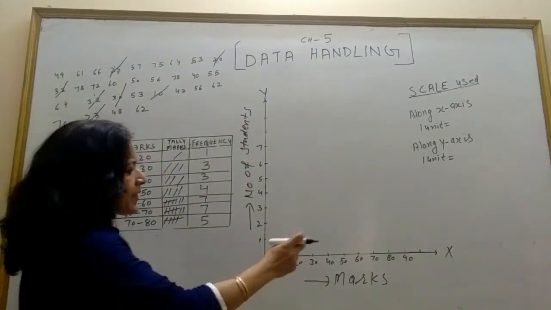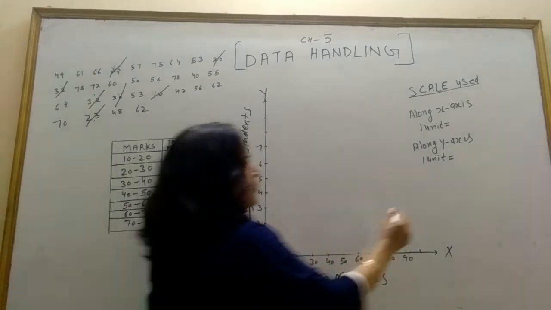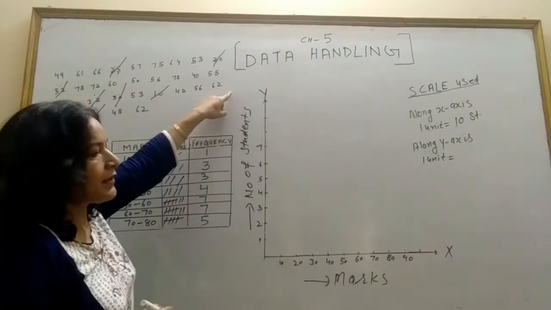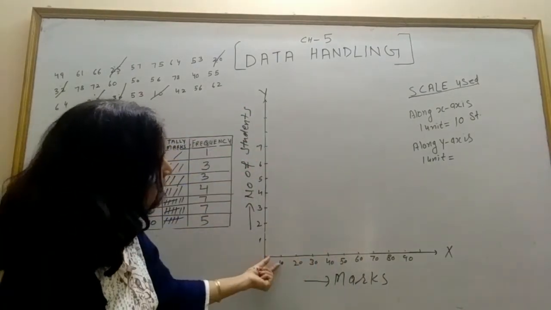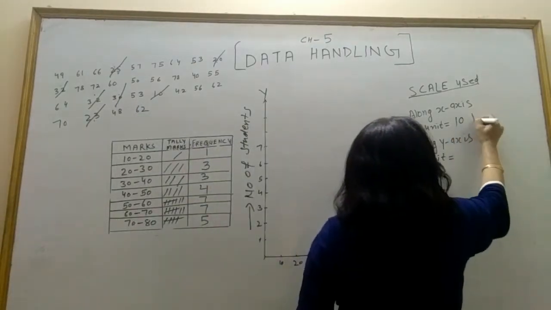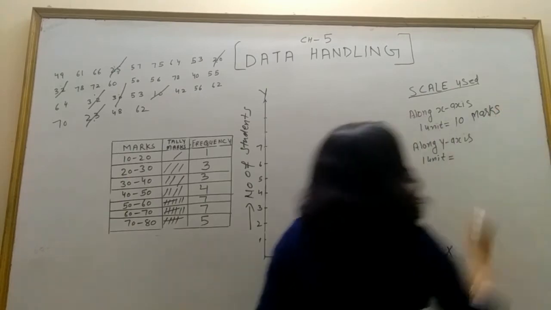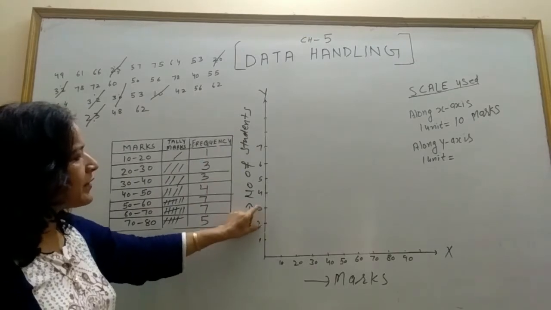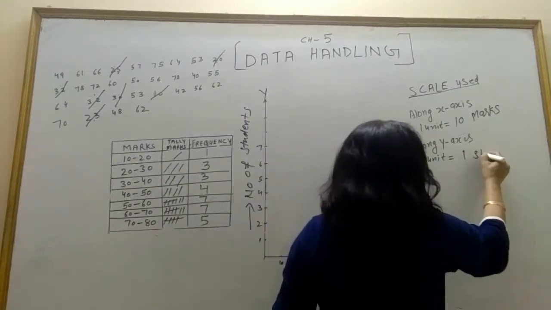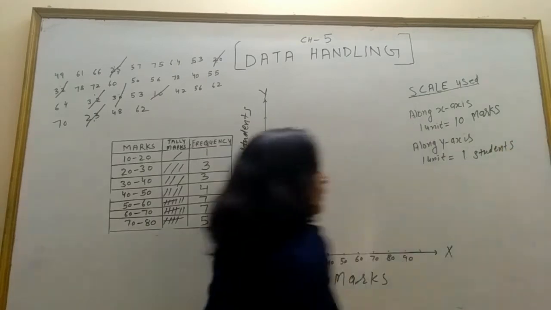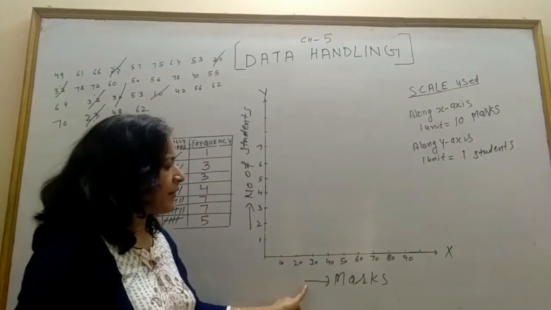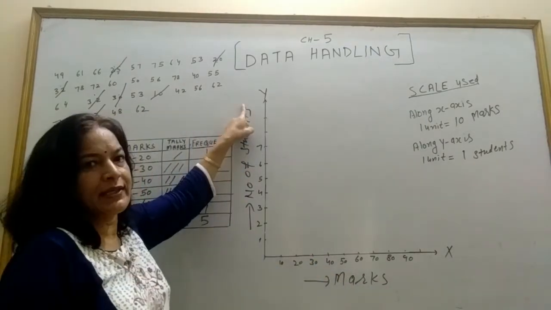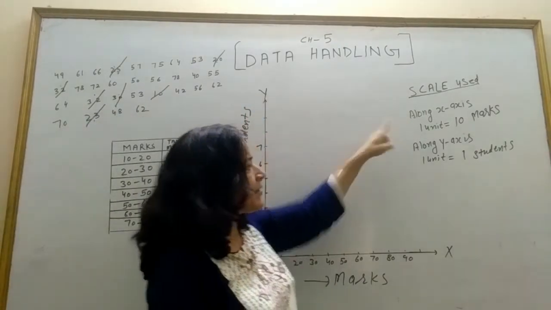The scale used along the x-axis is 1 unit equal to 10 marks, because along the x-axis we have marks, and along the y-axis we have students, so 1 unit is equal to 1 student. Put arrows here, write what you have taken along the x-axis and along the y-axis. Then write the scale used with the help of a pencil.